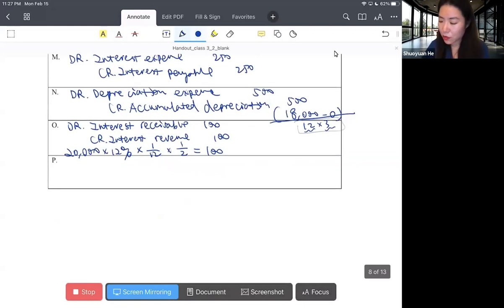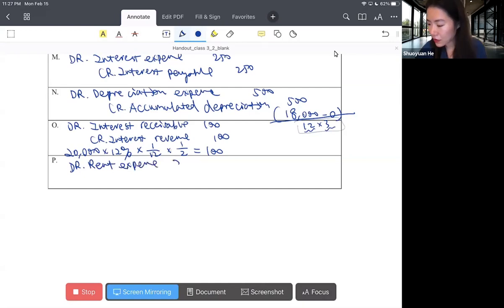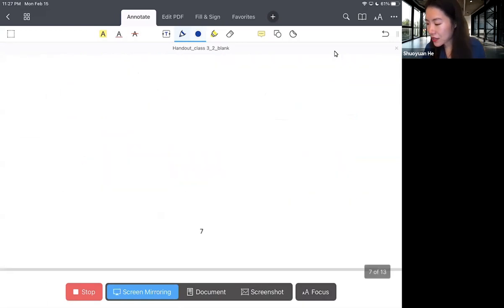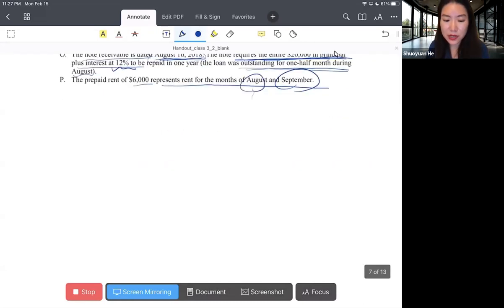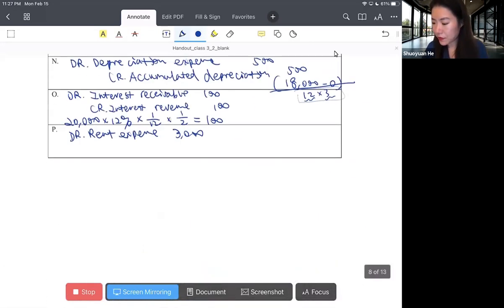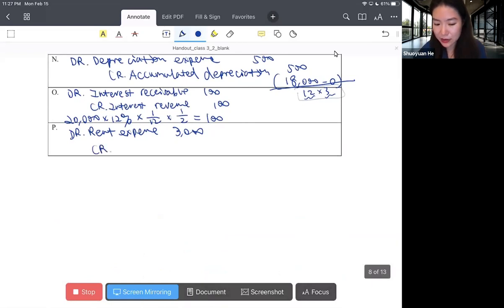So we can recognize rent expense 3,000 because 6,000 is paid for 2 months. So each month is 3,000. And credit prepaid rent 3,000. So those are adjusting entries.